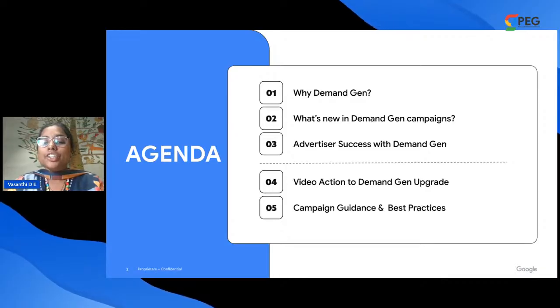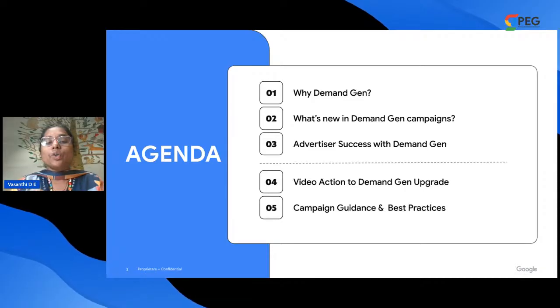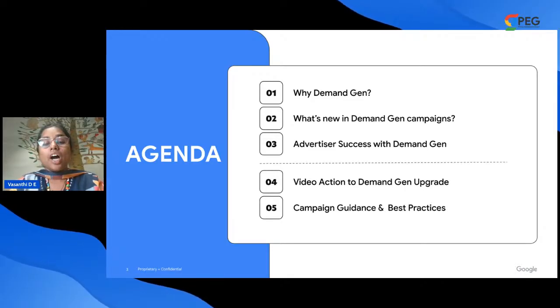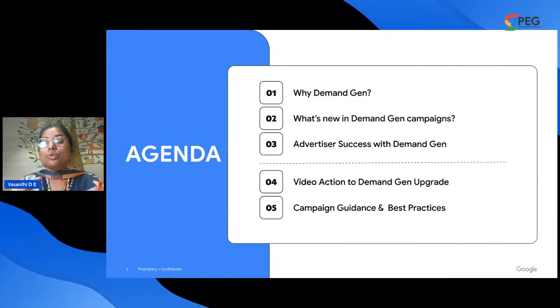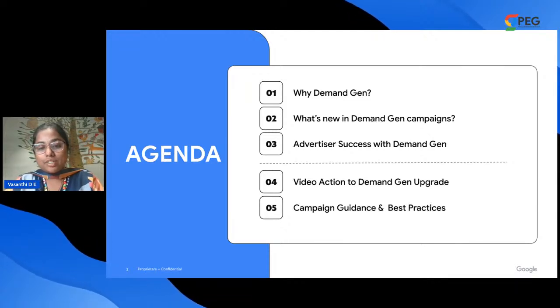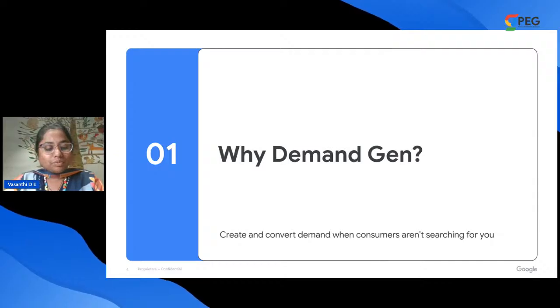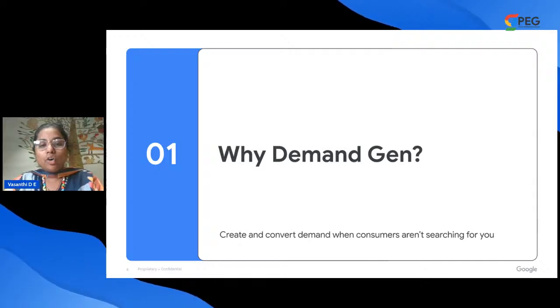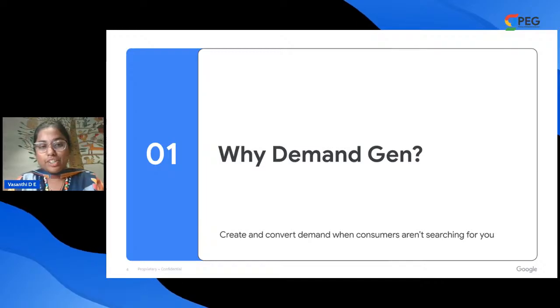Finally, we will finish with tips and best practices. We will give you clear advice on how to start and optimize Demand Gen campaigns and improve them to get the best results for your clients' businesses. So let's quickly get on to the first part of the topic.